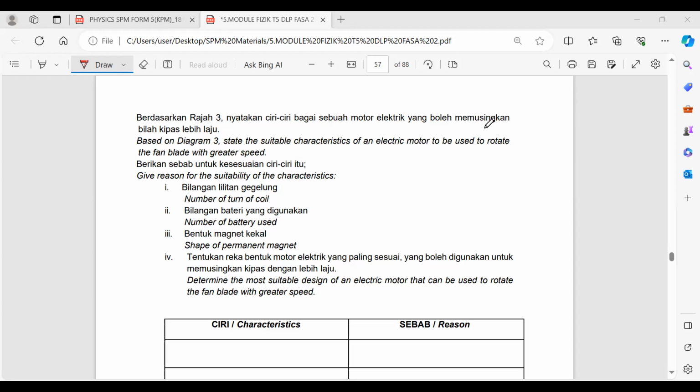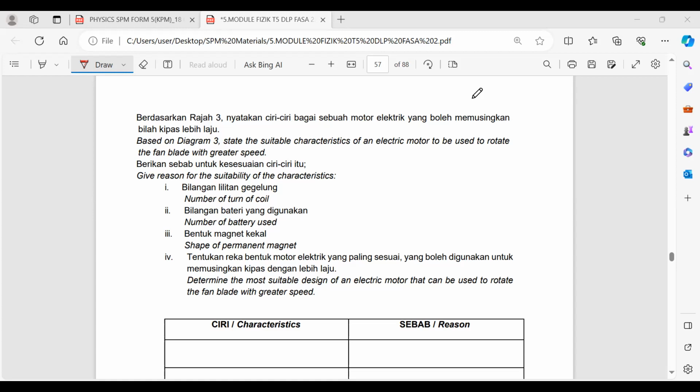I could not understand that. What's that? More number of batteries increases induced current produced. So yeah, that's correct.